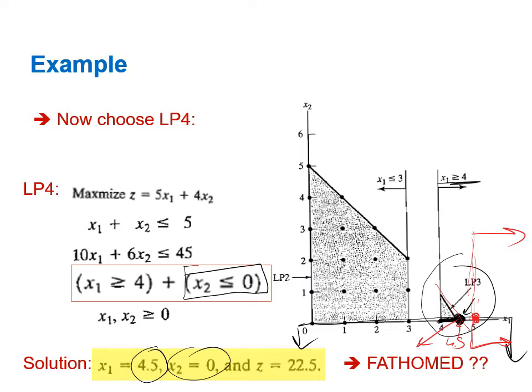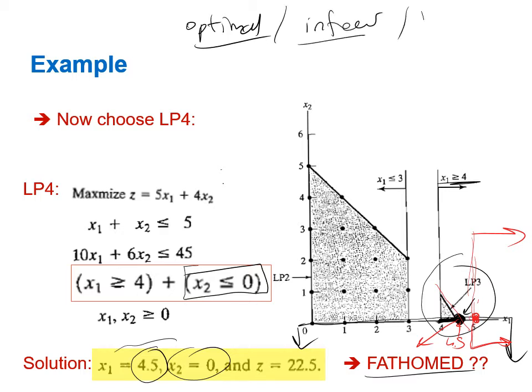Now you see, X1 is not integer anymore. Can we fathom this for some reason? There are several reasons for fathoming. One of them is finding an integer solution, fathom by optimality. One of them is proving that it's infeasible. One of them is having a bound. But in this case, we have none of them.